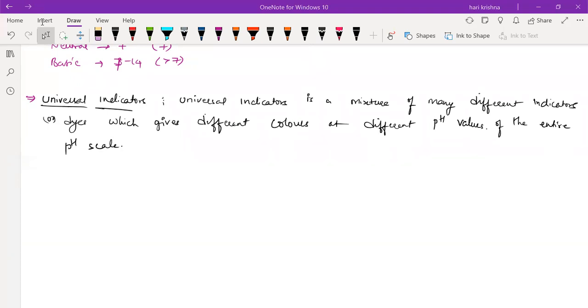Now, with the help of that litmus paper, can we find whether it is a strong base or a weak base? Not possible, right? With the help of the litmus paper, and also the methyl orange or phenolphthalein, it is not possible to find how strong the base or the acid is.